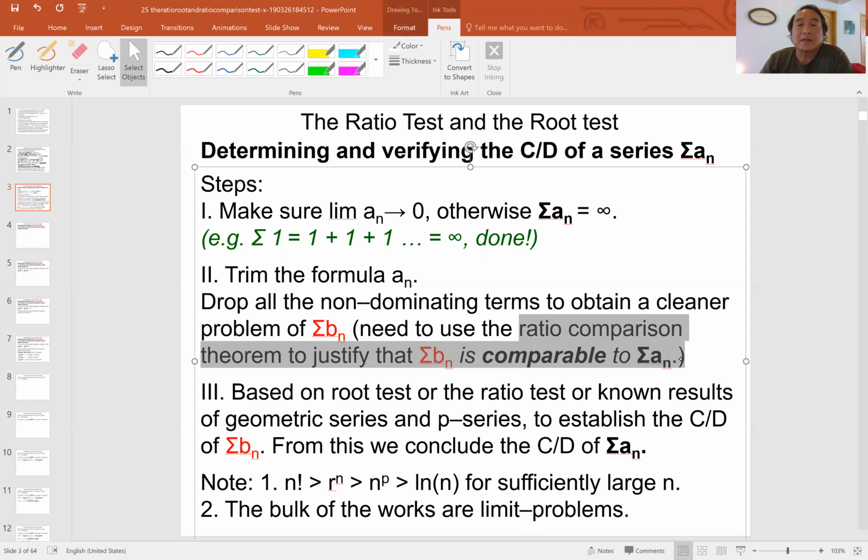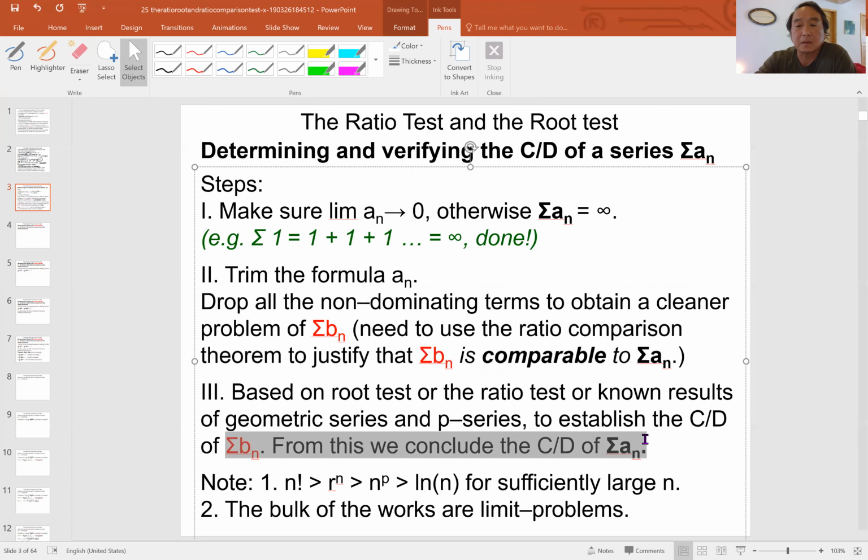When we justify that it's comparable, meaning that a_n behaves exactly the same as b_n, the conclusion for b_n can be used to conclude for a_n.